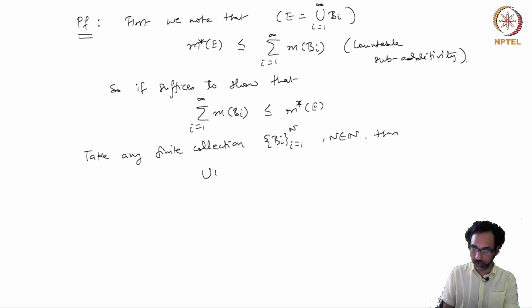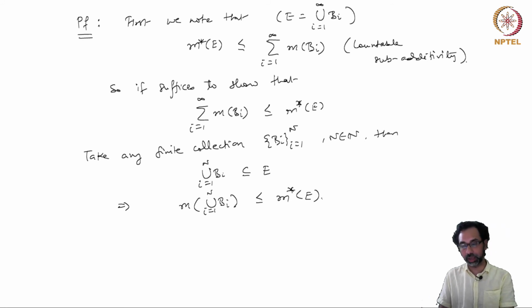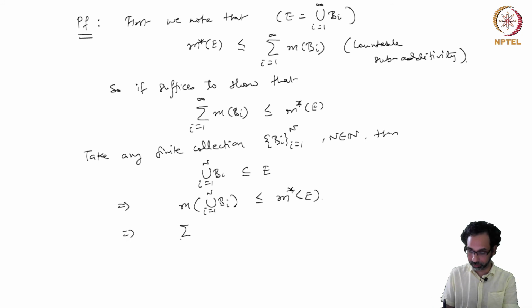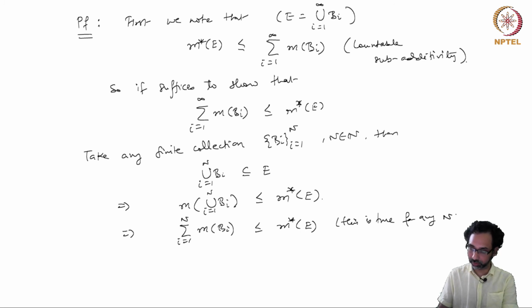Then the union i equal to 1 to N of Bi's sits inside this set E. So by monotonicity, the measure of this set is less than or equal to m star E, but this is the same as the sum i equal to 1 to N of measure of Bi, which is bounded above by m star of E. This is true for any N in the natural numbers.